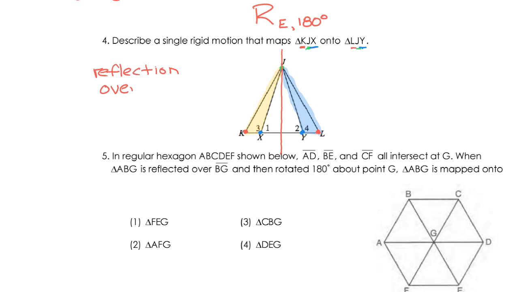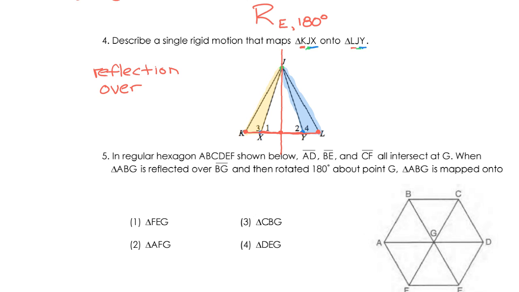However, when we talk about reflections, we have to give the line we're reflecting over, and this line of reflection doesn't have a name because there's no letter down here. We could use J at the top, but there's no letter down here. So we might have to describe the line of reflection. And if you guys remember from our notes, the line of reflection is the perpendicular bisector. So we could talk about this red line being the perpendicular bisector of XY here, or KL.